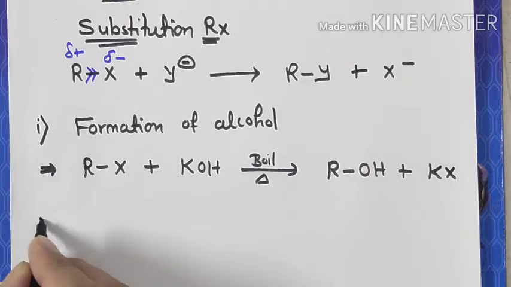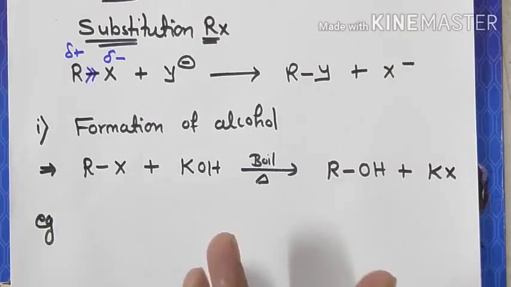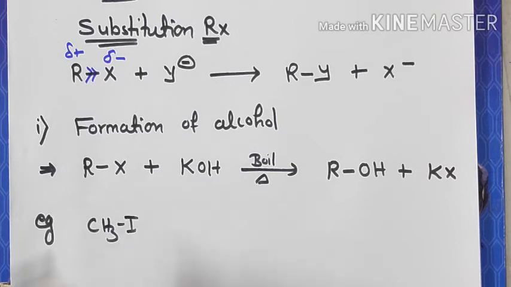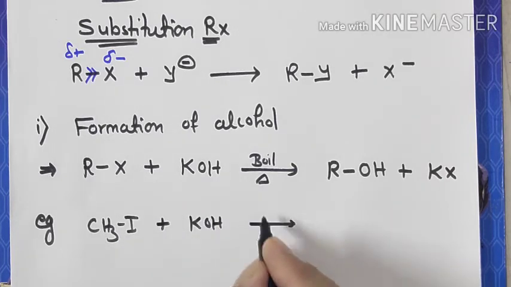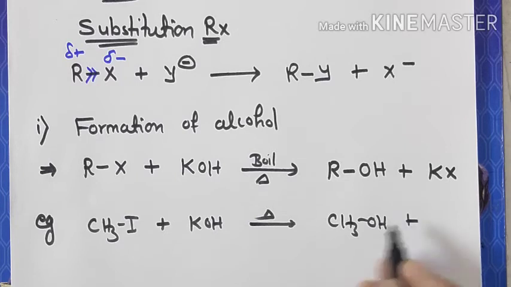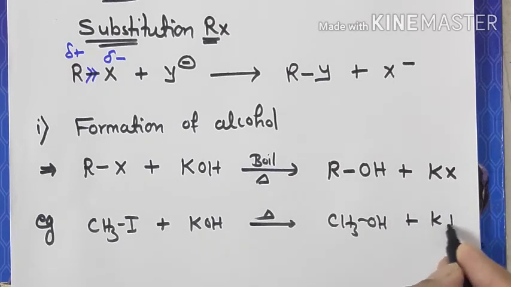We'll take examples and then try to understand some mechanism of this. Suppose I take ethyl CH3I, methyl iodide, and I treat this with KOH, conditions remaining the same. What will happen? CH3OH plus KI is formed.